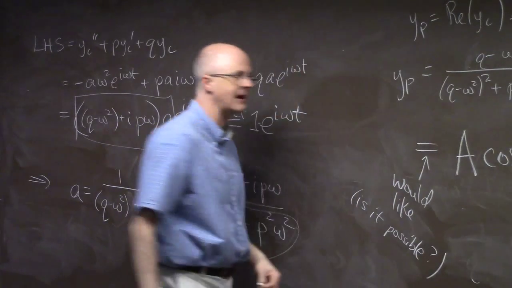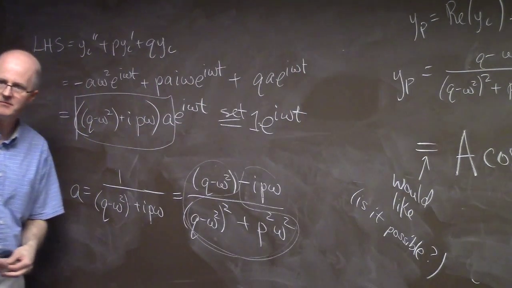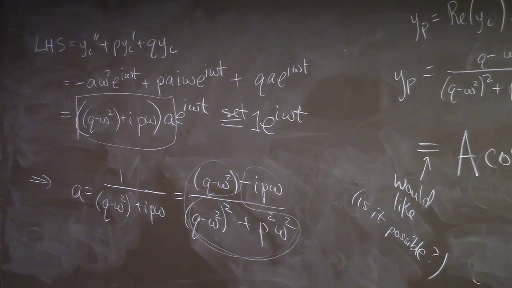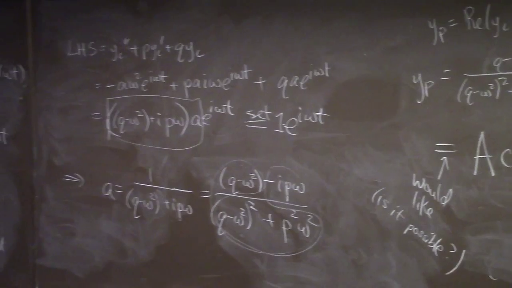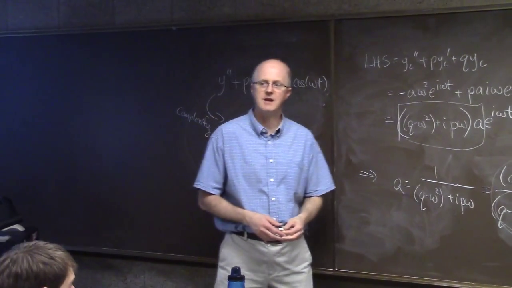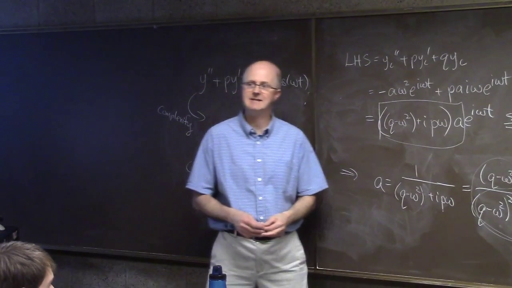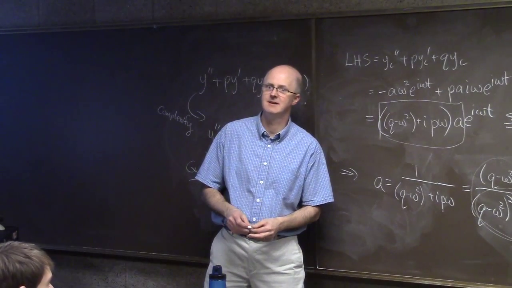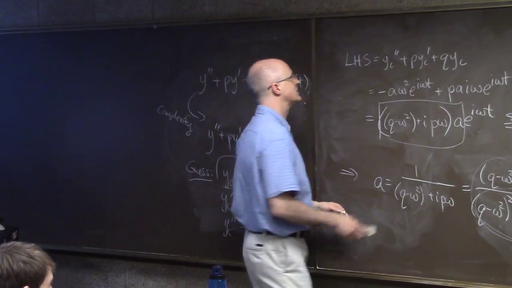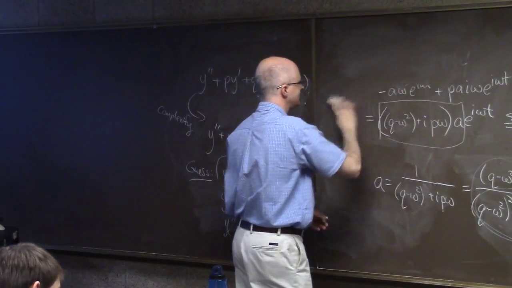Also, for the sake of time, I'm just going to tell you the answers for capital A and phi. Instead of trying to derive them, which is probably going to take too long. The book does the derivation, and surprise, surprise, they use complex exponentials again to derive capital A and phi. That shouldn't be a surprise by now.